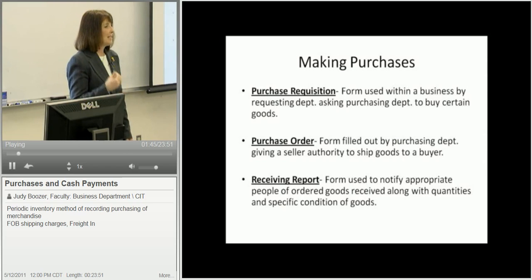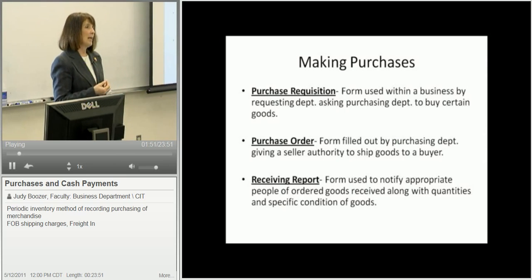The order in which this process is done in a business is the following. You're going to decide that you want to purchase something to sell. And you're going to submit a form called a purchase requisition or a purchase rec. That form gets submitted for approval with the information regarding the product. What kind of information would be on a purchase rec?